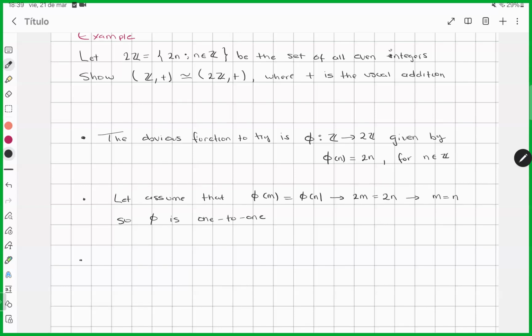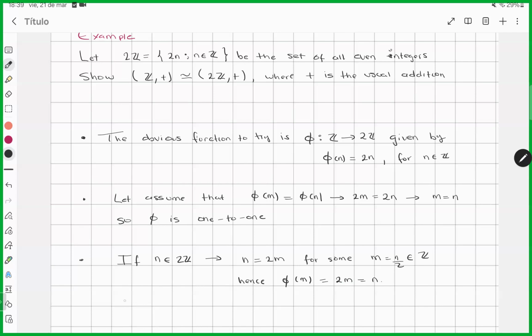And now in step 3, we should show that phi is surjective. So if we take n an even integer, then n is equal to 2 times m for some integer m, and we know that m is equal to n divided by 2. Hence, phi of m by definition is 2 times m, and is equal to n.